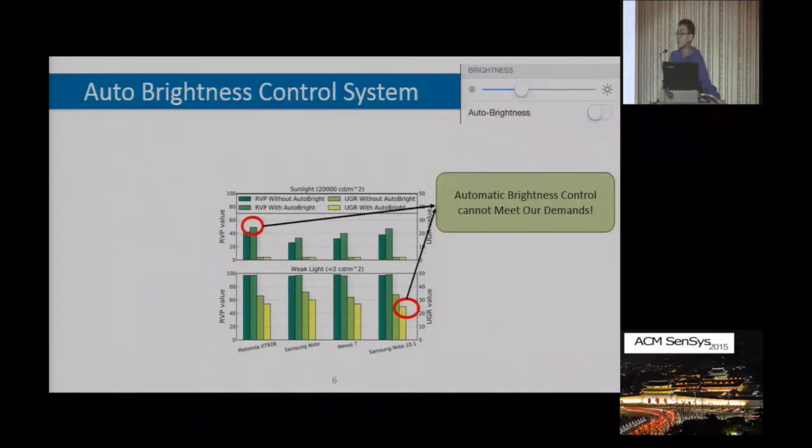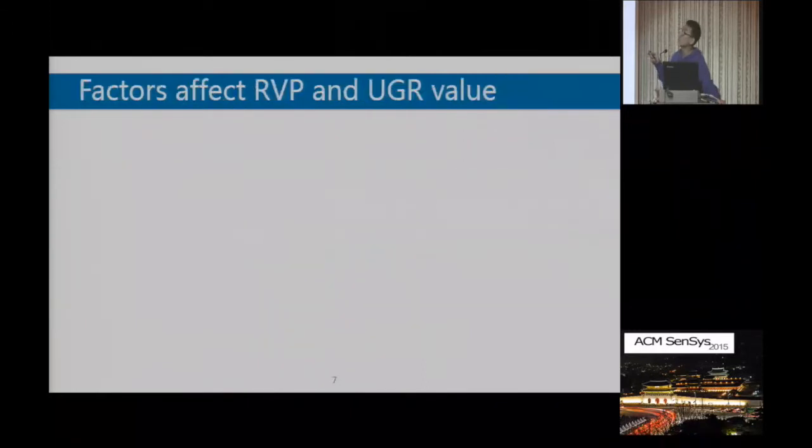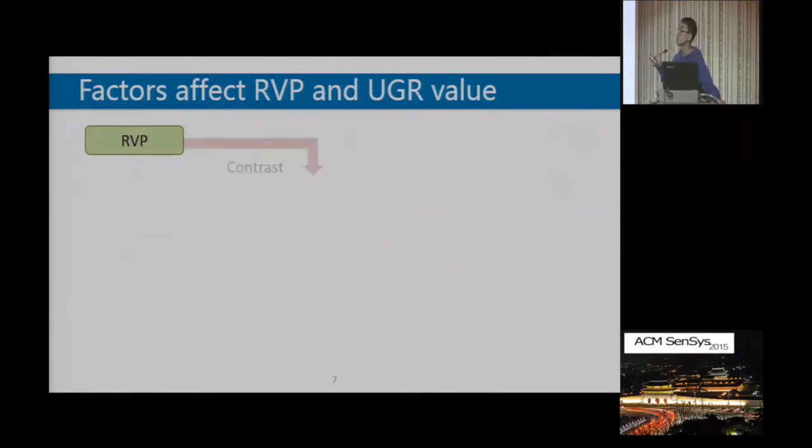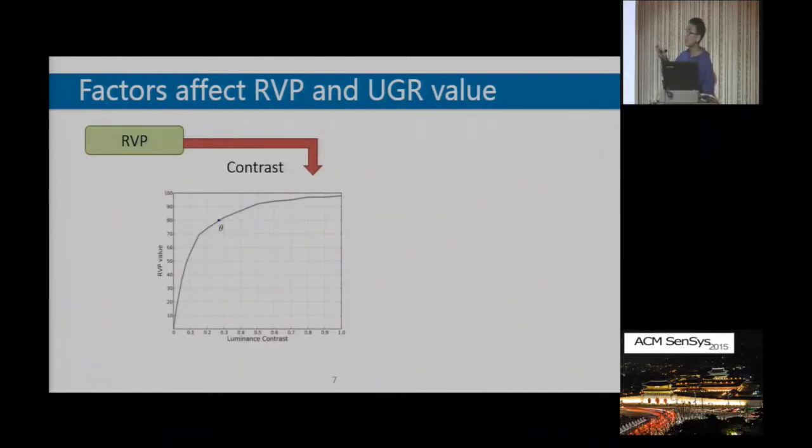So we want to make an improvement. To make a further improvement, we must know the factors that will affect RVP and the UGR value. So what are the factors? RVP is mainly affected by the luminance contrast between the foreground color and the background color. We found that the RVP value is positively related to the luminance contrast.